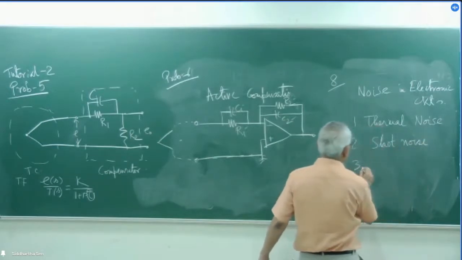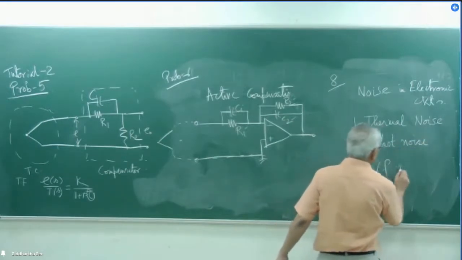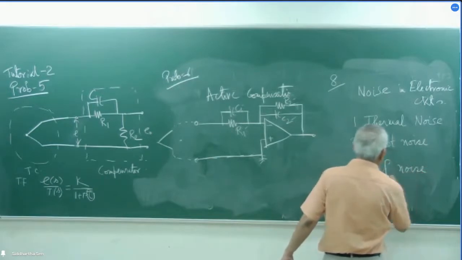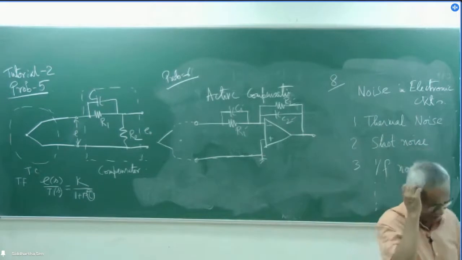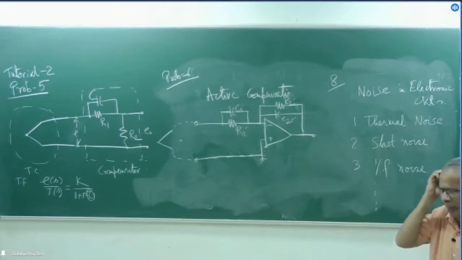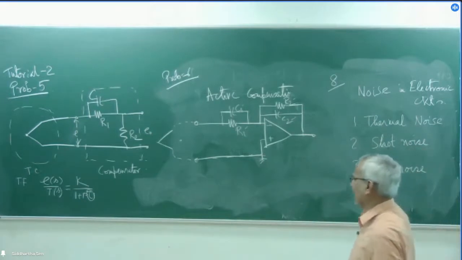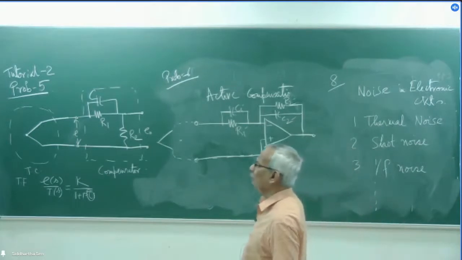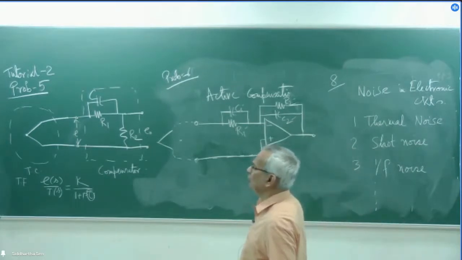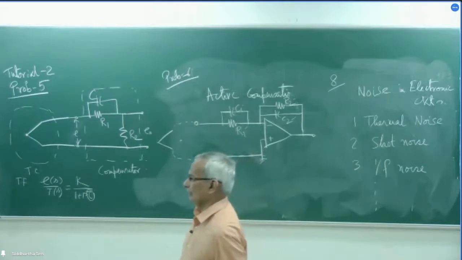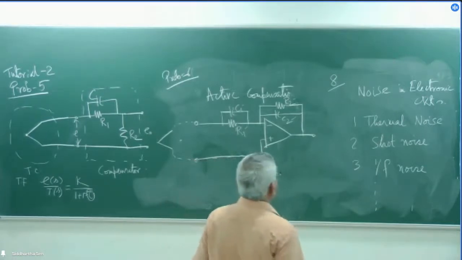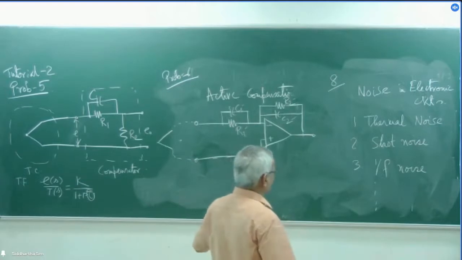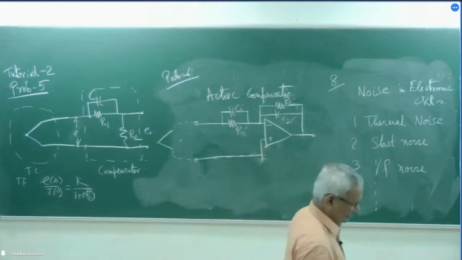One is called 1/f noise, et cetera. So in any electronic circuit, simple resistance, capacitance, op-amps, transistors, and so on, there would be a lot of noise voltage generated. And these are mostly random in nature. They are also frequency dependent, among other things.